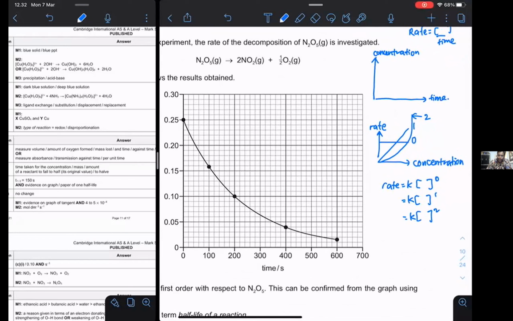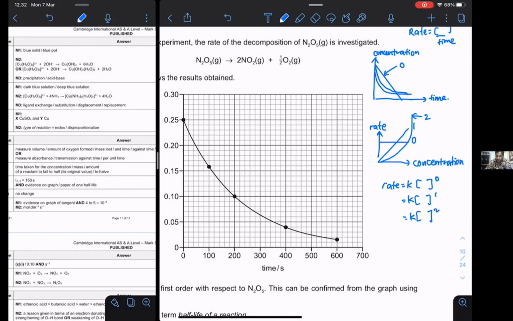Let's say we are looking at a reactant. The concentration can decrease like this in a straight line, and this is zero order. If the reactant decreases in a curve like this, it can be either first order or second order. There can be one like this, another one like this.